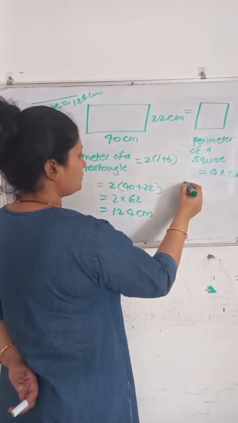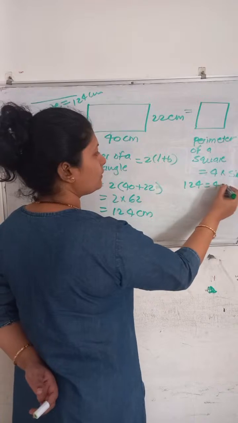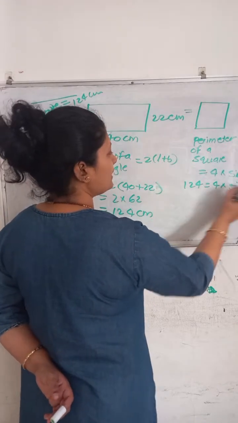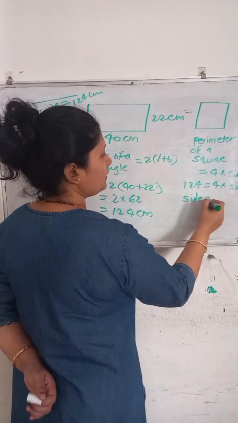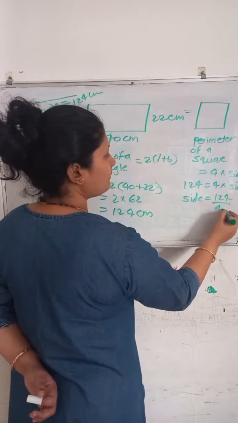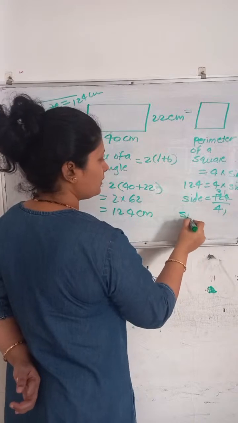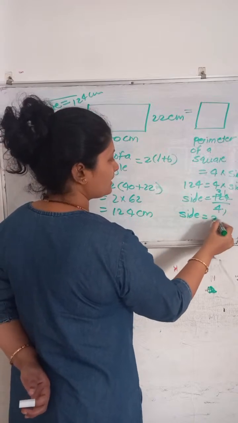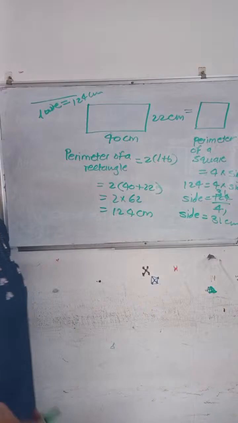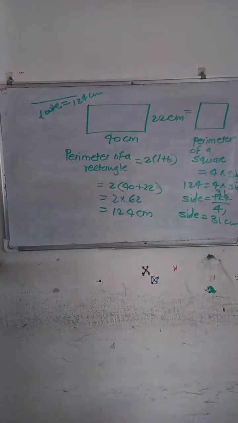So 124 is equal to 4 into side. So side is 124 divided by 4. 4 ones are 4, 4 threes are 12, 4 ones are 4. So the side of the square is 31 centimeter. That's it. Each side of the square is 31 centimeter.